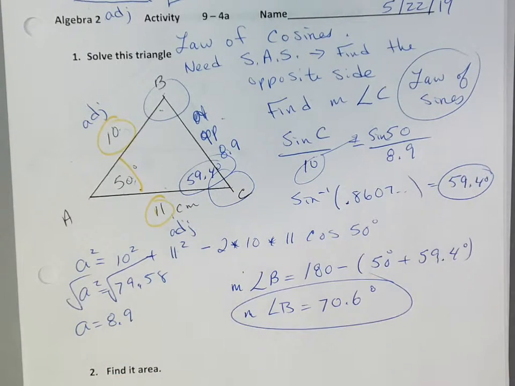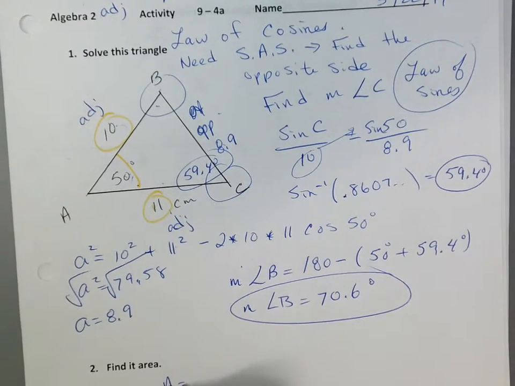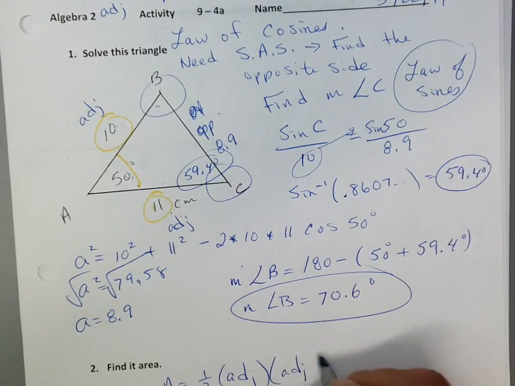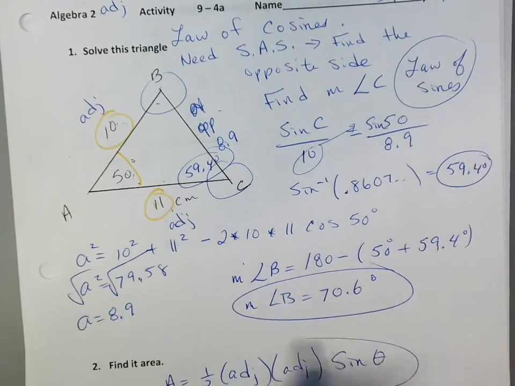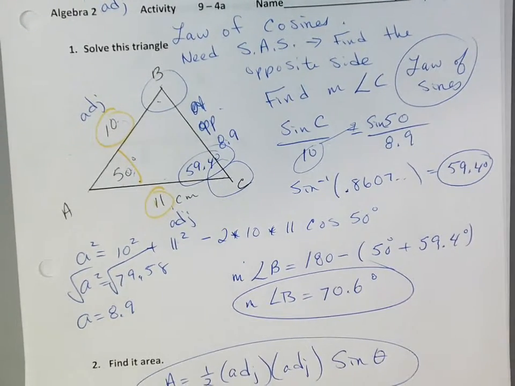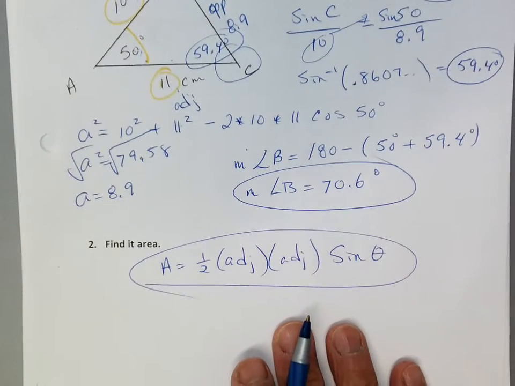Now, finally the area. Now the area goes back to a formula we learned on Monday, right? And so the area is equal to 1/2 our adjacent times our adjacent times the sine of theta. That's our area formula, right? We learned that on Monday.